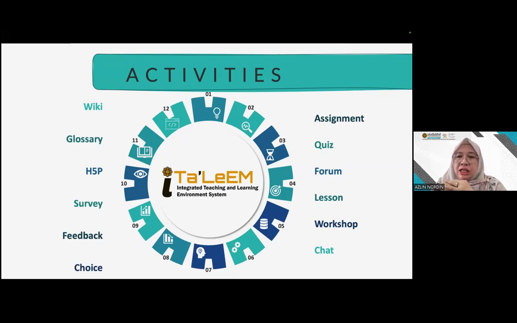Workshop is to get teamwork assessment or peer review assessment. Chat is to have real time chat. Forum is offline chat, we can say. So you can have a series of discussion in forums.